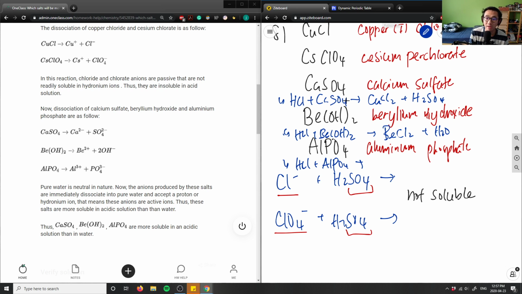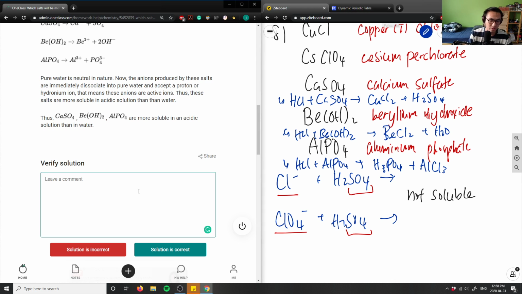In this case, I would make H3PO4, so phosphoric acid, and I would also make aluminum chloride, right? Aluminum chloride here, not trichloride, sorry. So these three would be soluble, whereas copper chloride and cesium perchlorate would not be as soluble. So this here is my answer.